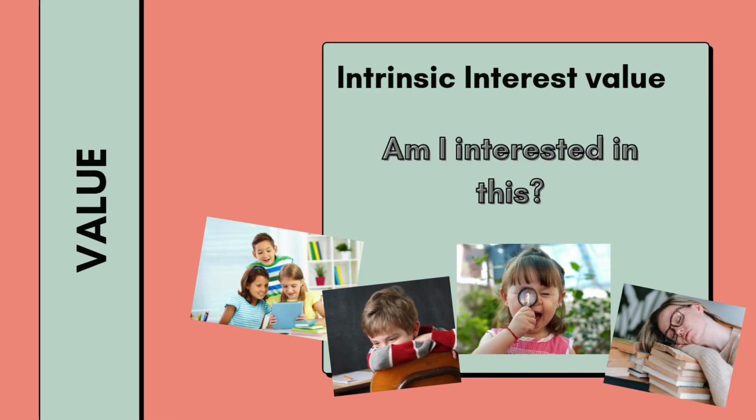The intrinsic interest value is all about the satisfaction or the enjoyment a person gets from a task. The question might be asked, am I interested in this? Finding out and using tools and methods that are interesting to students increases the level of enjoyment, potentially leading them to be more motivated to do the task.